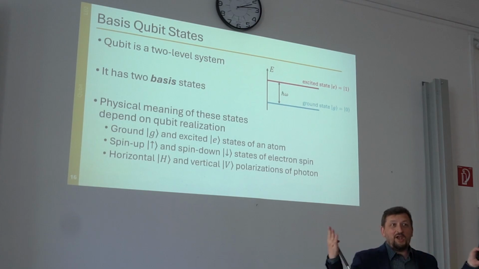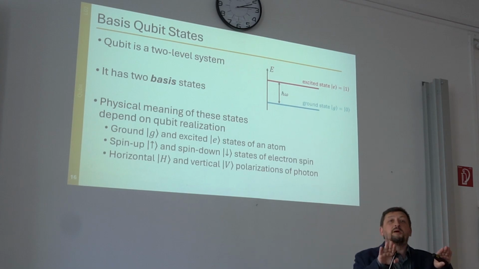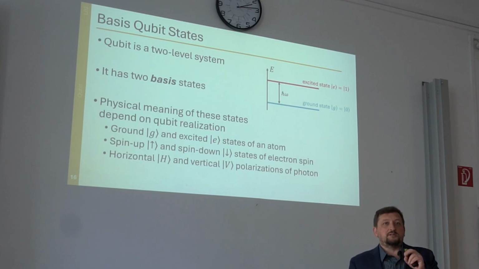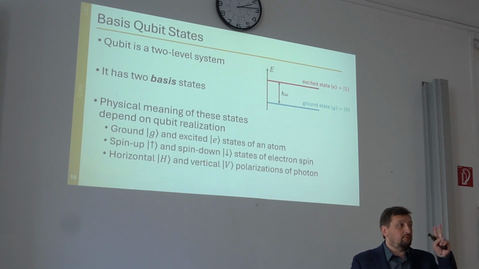So the total number of states is infinite, but there are two discrete basis states. We can write any possible state of a qubit as a superposition of these two states. This is a difference when we are talking about states in quantum physics. So what does it mean that it's a two-state system or a three-state system? It means that we have two basis states or three basis states.